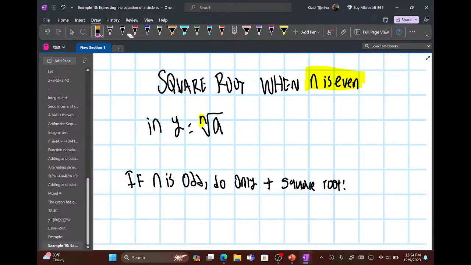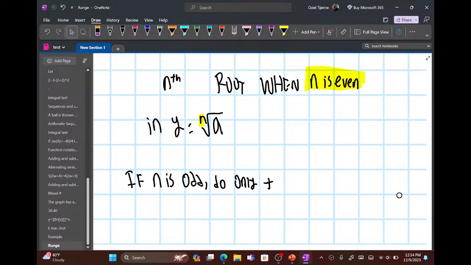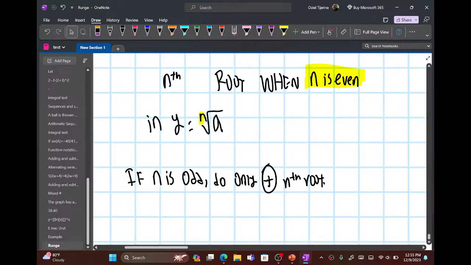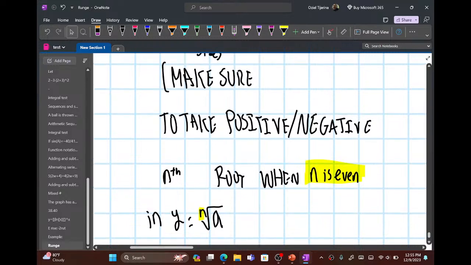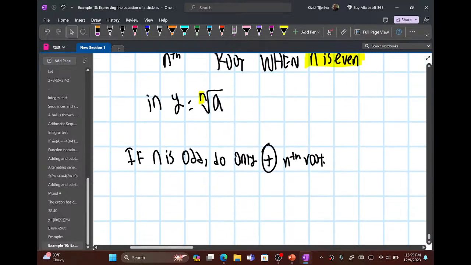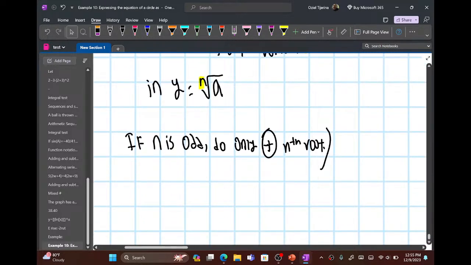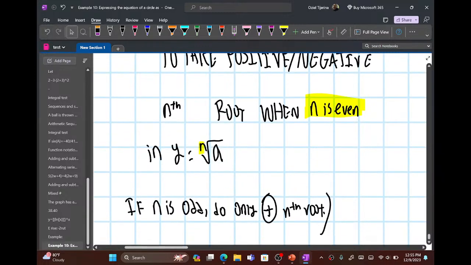Only the positive nth root. If we had a cube root or something, we're just going to do positive. This is just an extra thing I added, okay?